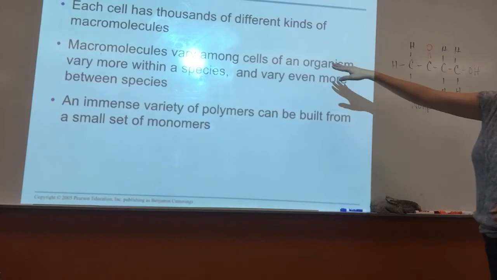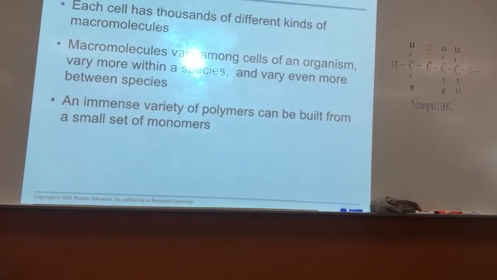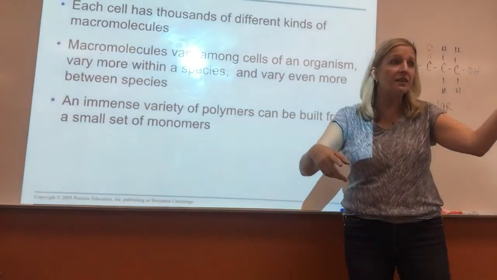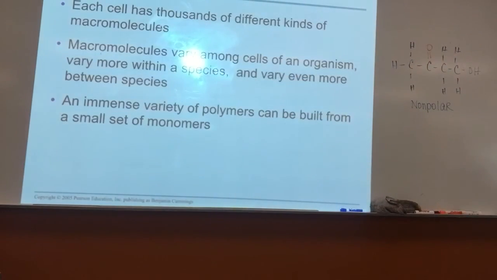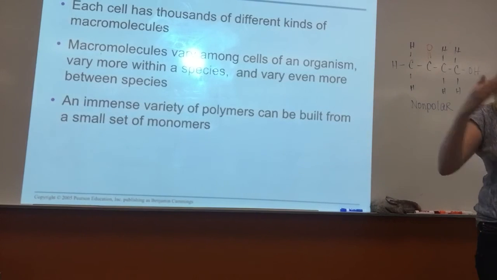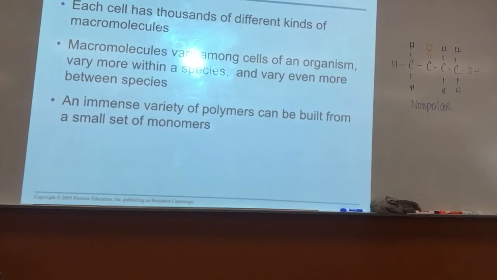So it varies among cells of the organism, and then it varies even more within a species. So we're all the same species, and so when we look at macromolecules within me and you, it varies even more. And then between species, varies even more, you compared to, I don't know, a tree, all right, as a species, and so therefore it varies even more. So that's what that means.